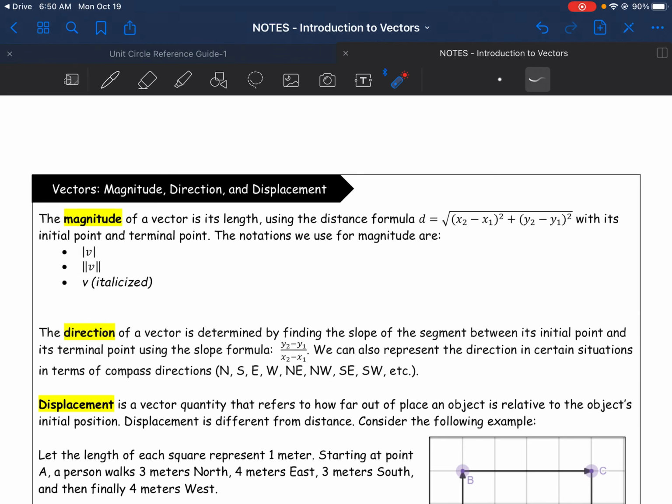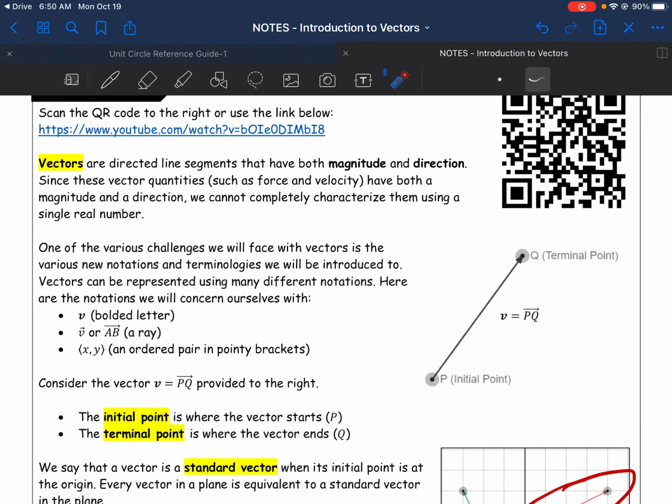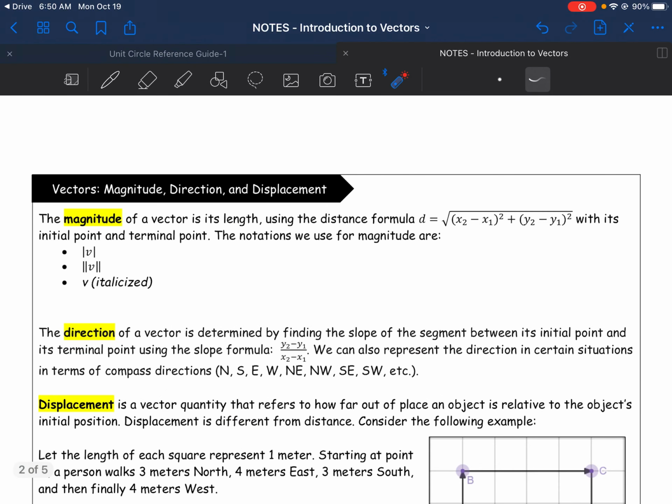Now, just like where we had those different notations right here to represent a vector quantity, we also have different notations to represent the magnitude of a vector. Now we have the name of the vector. So again, remember that vectors are represented by lowercase bolded letters. So if I have that letter in what looks like absolute value signs, that would represent the magnitude. We have the letter in what looks like double absolute value brackets, that represents the magnitude.